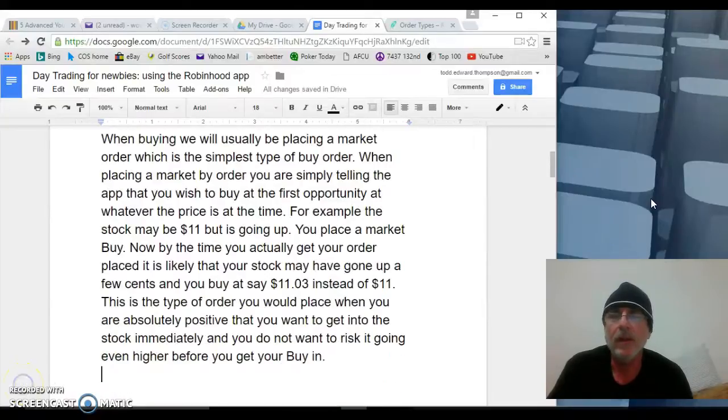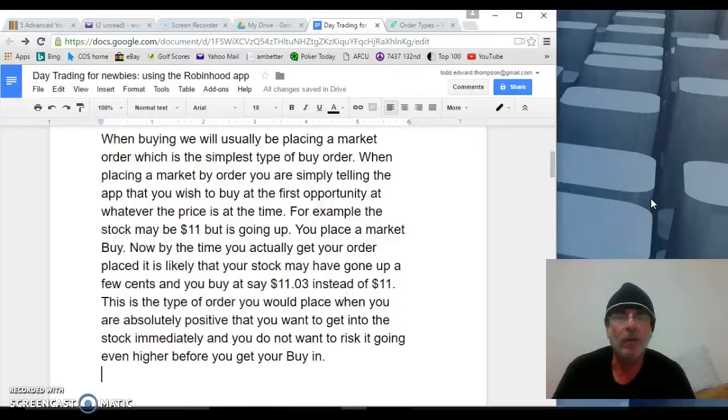Now, when buying, we will usually be placing what is called a market order. It's the simplest type of buy order, because usually when you're making a buy, you know you want to buy, so you just want to buy at the next opportunity. So what you're doing is you're telling the app, hey, buy this stock, whatever the price is, when the order goes through, buy it.